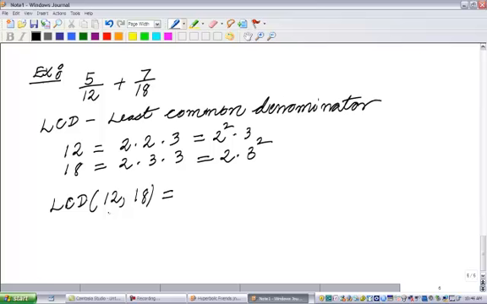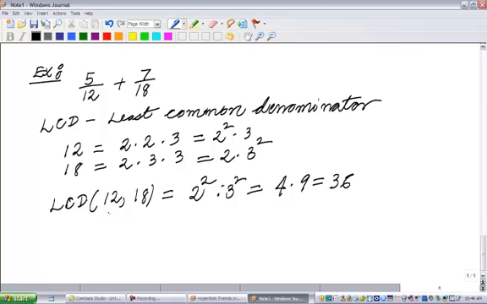Here, 2 is a common divisor, right? 18 is divisible by 2, 12 is also divisible by 2, but I take the highest power of 2 in that. So I take 2 squared. Multiply that. Between 3 and 3 squared, I pick 3 squared. So what is that? It's 4 times 9, right? That's 36.